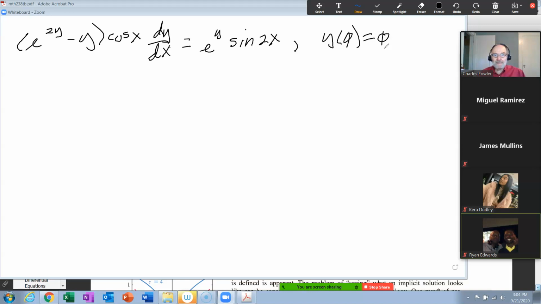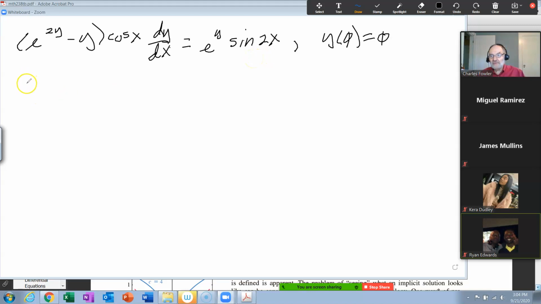Okay. Now, this term here is all a function of y. That one's all a function of x. Here's a dy dx. We can write that in differential form. This is a function of y alone. That's a function of x alone. Yes, this does look separable.